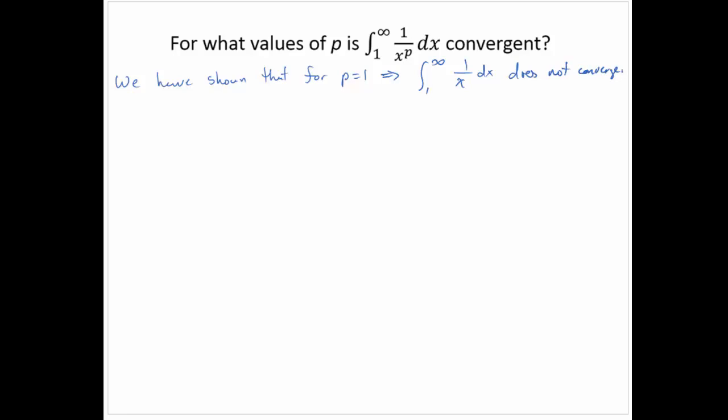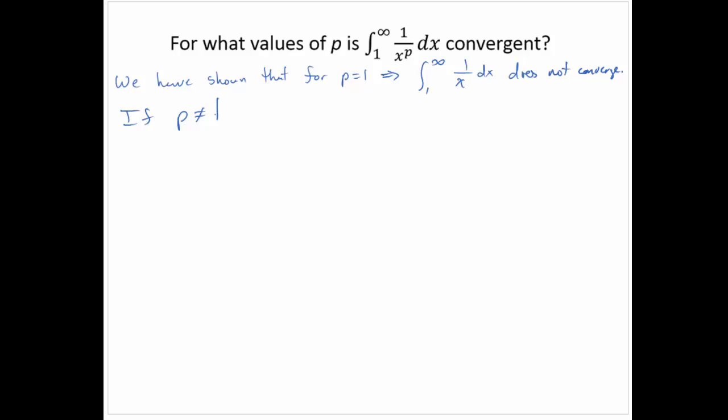In fact, that was the first example in this section. All right, so now, what if p is not 1? Well, let's see what happens.